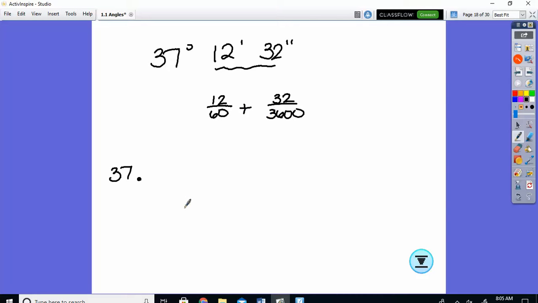And so what you'll do is just type those in your calculator and add them together, and that will give us our decimal part. So if we grab a calculator, does anybody need one? Yes, ma'am. Thank you.